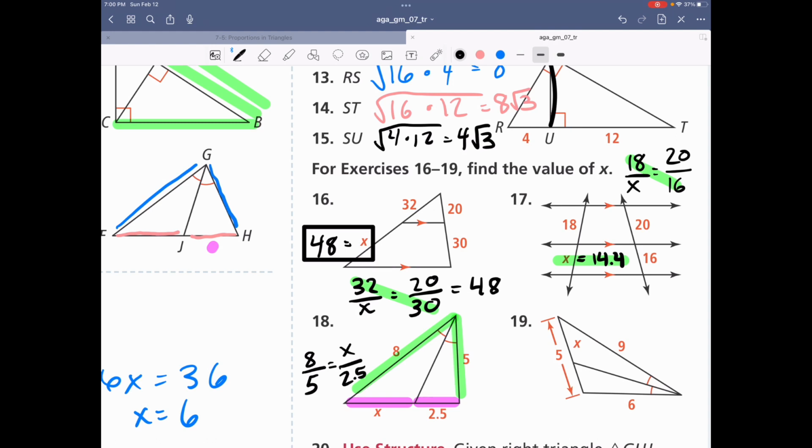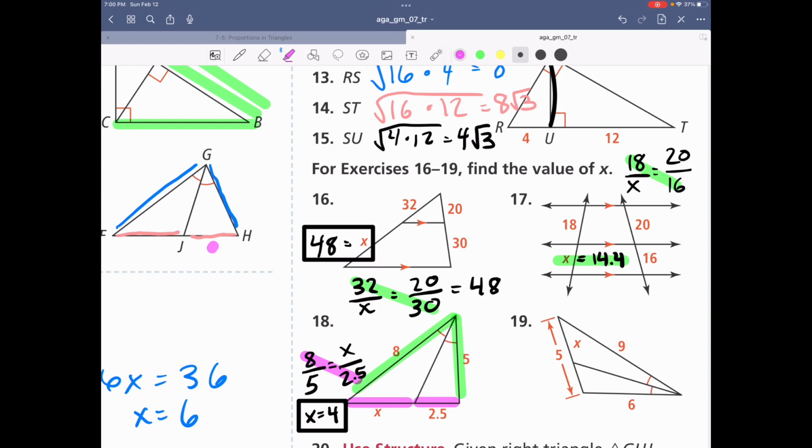And I can see that 5, if I divided by 2, I would get 2.5. 8 divided by 2 is 4. So I can see that x equals 4. If you can't see that, that's okay. You can just put this into the calculator, multiply, and then divide.